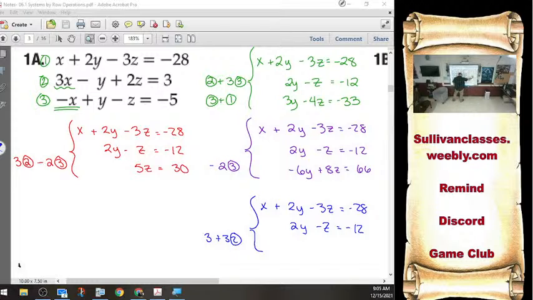Gone. Multiply this by 3 and add. Multiply this by 3 and add. It's a difference of, am I doing 2 mental math steps at once or 4 mental math steps at once? Do you want to do more in your head? Do you want to do more on the paper? One hurts your head, the other hurts your hand. Take your pick.